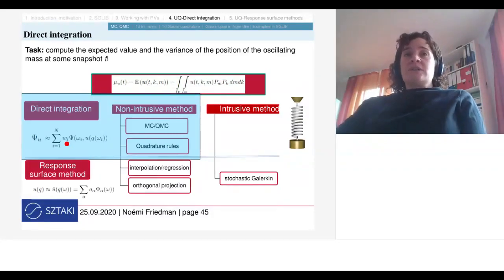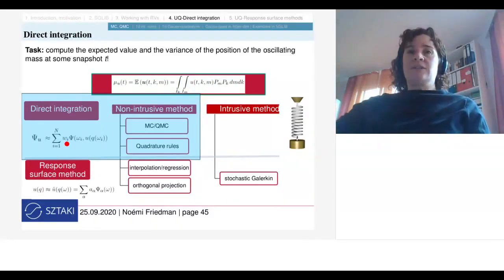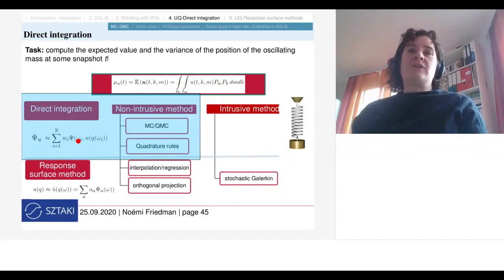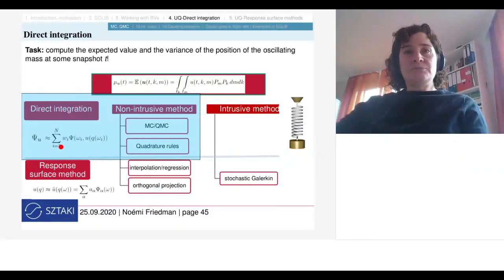So Monte Carlo you can see as a numerical integration, where the integration points are the random samples of K and M. Those are the integration points, which I denote as Q of omega i. And the integration weights are the same for every point. So if you have N samples, then the weights of the samples will be simply 1 over N.